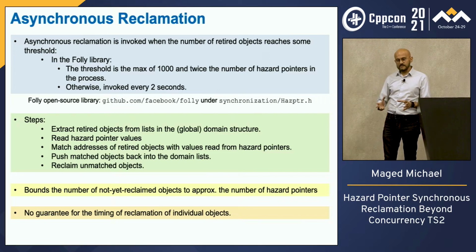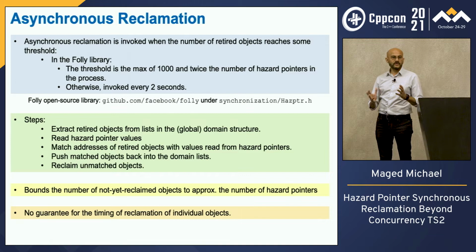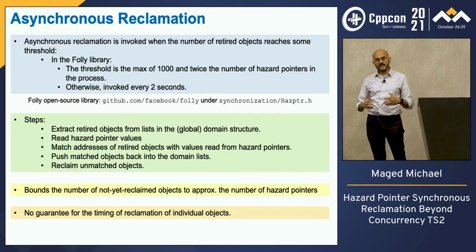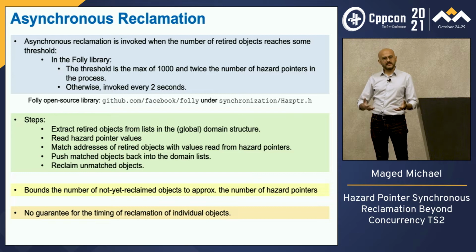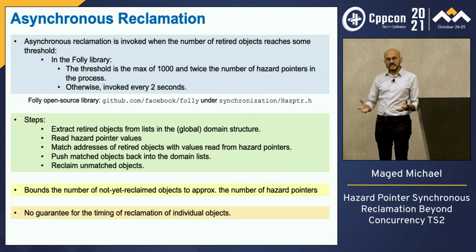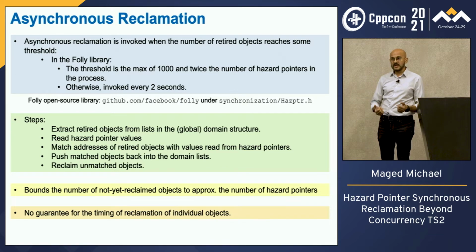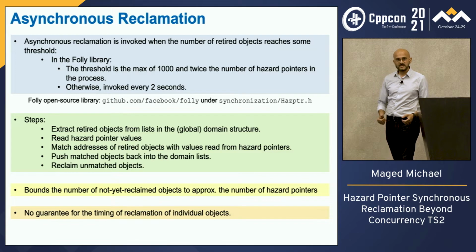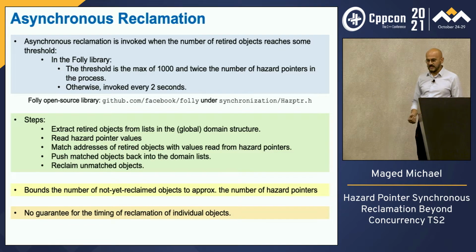Whatever addresses match, we know these are protected and we cannot reclaim them, so we push them back into the domain, or the global domain in this case. And then finally we can reclaim the unmatched objects. So that's how in general it works.